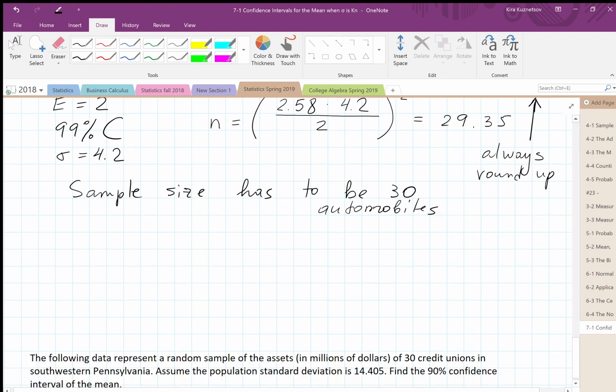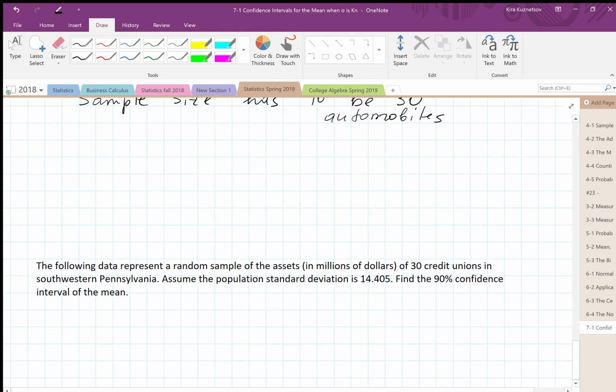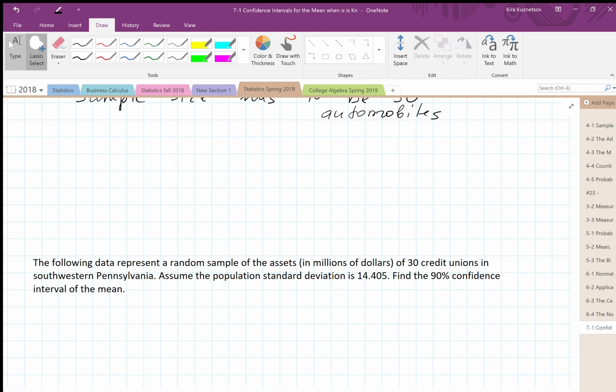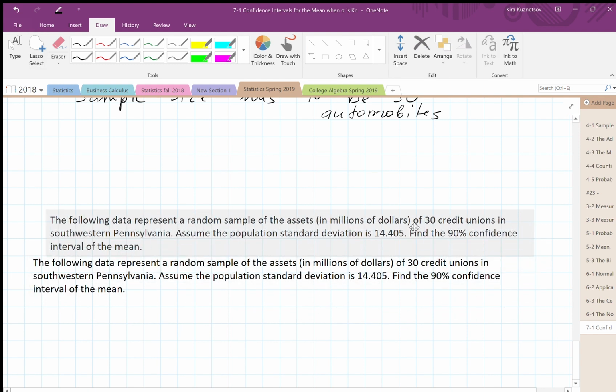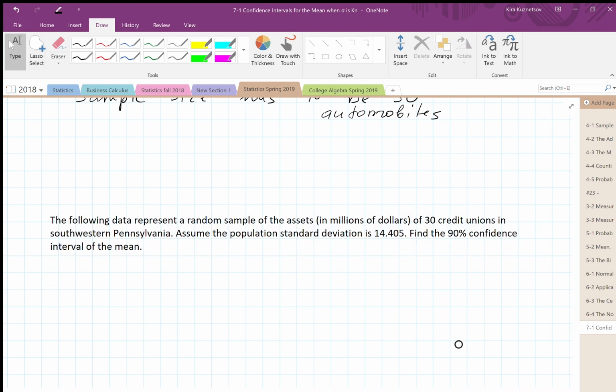This leaves me with the last problem in the book, which is 7-3, that requires you to enter everything in the calculator. So I will read this problem and write a few things down and switch over to a calculator video. I have data. It's in the book. It's example 7-3.